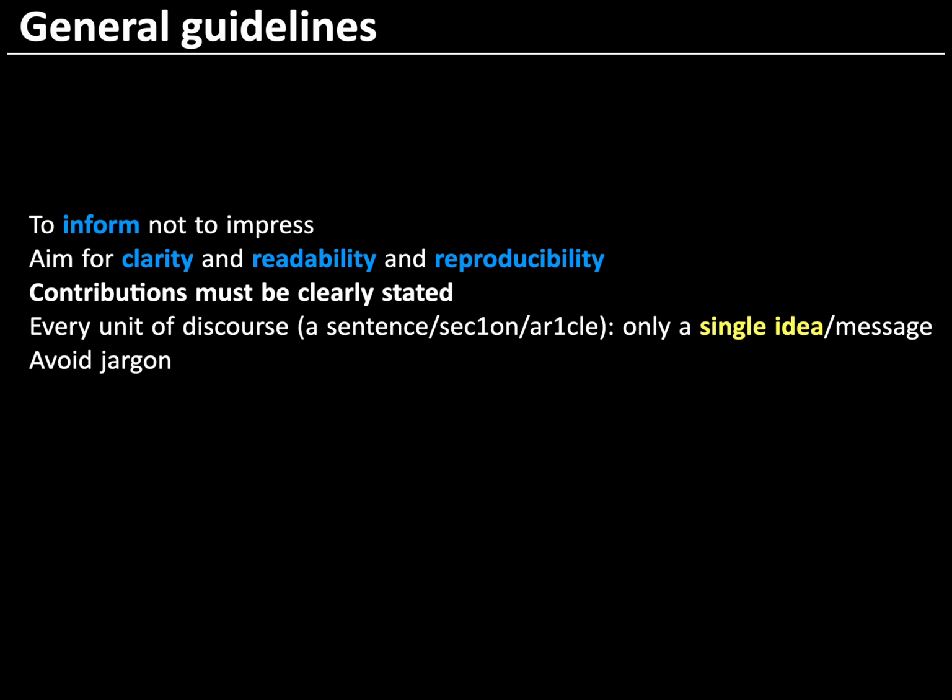Okay, and every unit of discourse, either a sentence, a section, an article, should have only a single idea or message. Of course, in a sentence, usually a single idea, but in a paragraph, usually people can have multiple ideas, and we don't know what's going on.